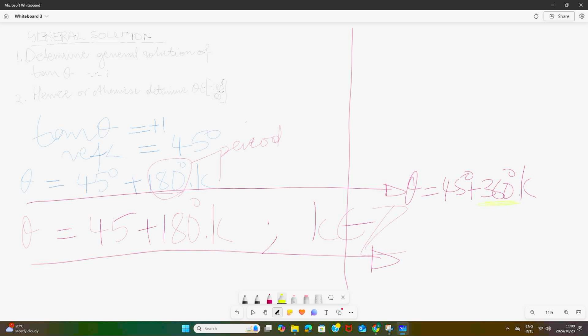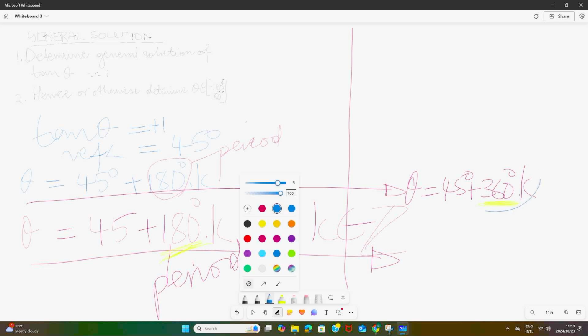Does this mean the period of a tan graph is 180 degrees and 360 degrees? No, the period of tan graph is 180 degrees. That is the period, this one. But this one is representing a Cartesian plane, whereby our angles in a Cartesian plane are rotating at 360 degrees.